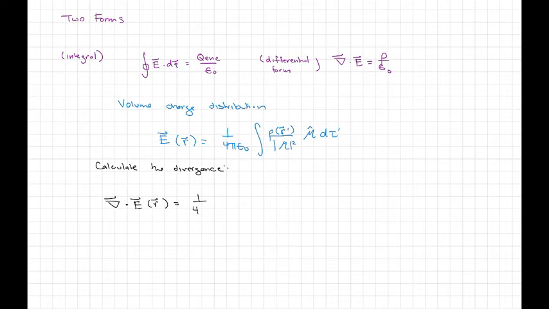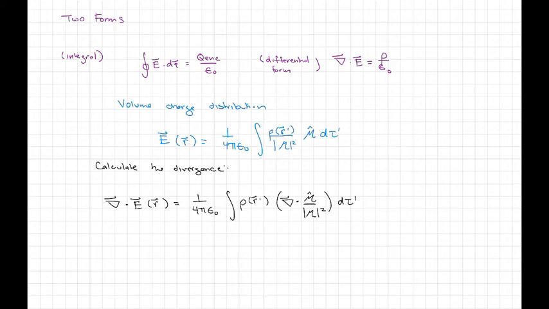I can pull that del operator into the integral. And I'm actually just going to end up applying this del operator to this little chunk here, which is the only chunk that actually depends on the position where you are evaluating the electric field.